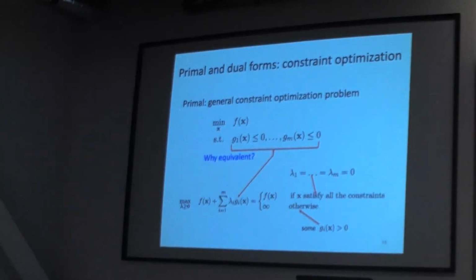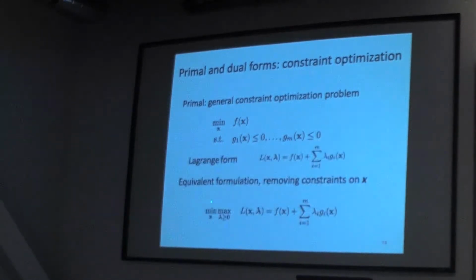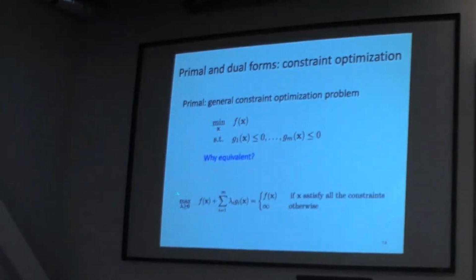Let me emphasize this again. If I analyze this bilevel optimization, we can consider in the outside, when we fix any x, what is the result of the maximization in the inner level? For any x in the outside, if it satisfies all constraints, it reduces to the original objective function, and then minimizing over it is equivalent to minimizing the original function subject to those constraints.